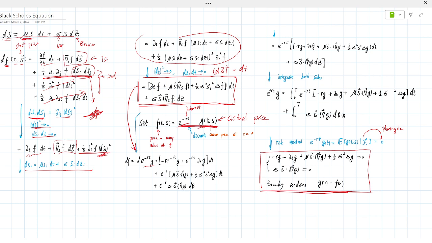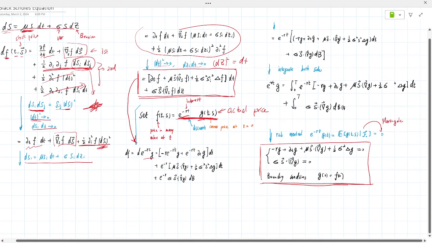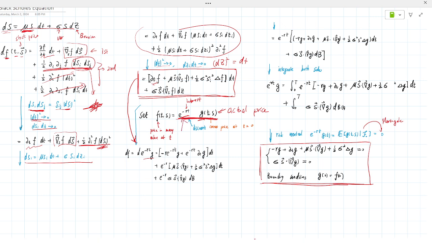Since for the derivative of time, you have to do it by parts, first the exponential and g.